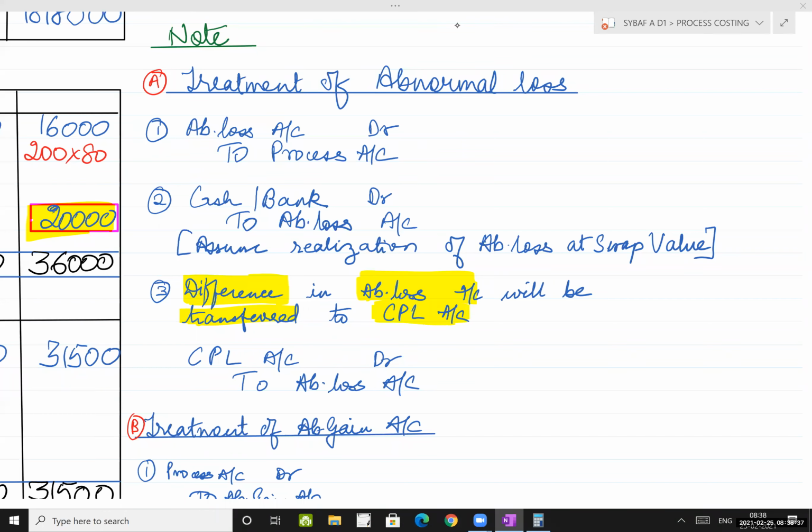I repeated it also just now. Abnormal loss to process. Then cash bank to abnormal loss. Assume realization of abnormal loss at scrap value. And then difference in abnormal loss will be transferred to CPL. So journal entry becomes CPL to abnormal loss.